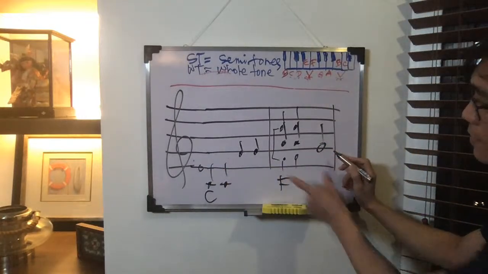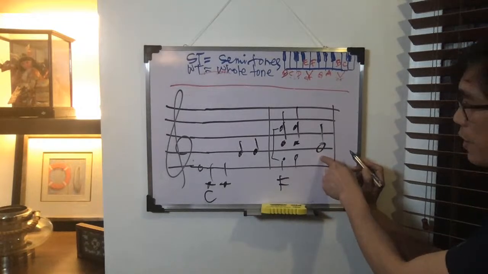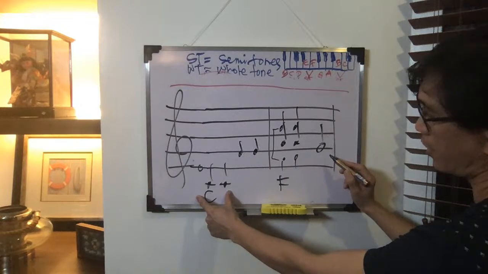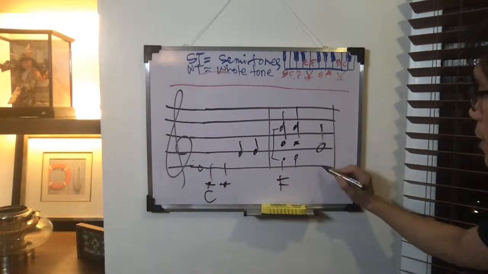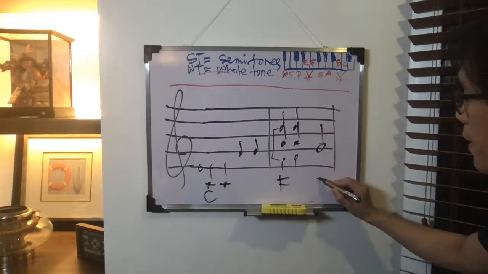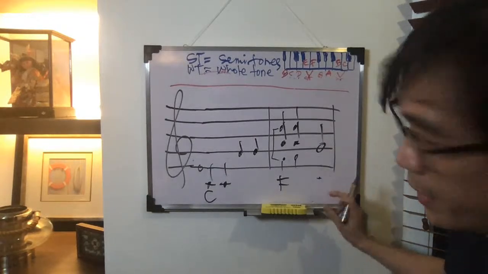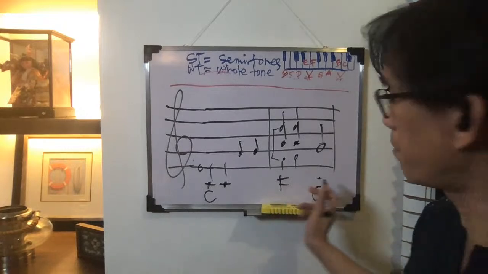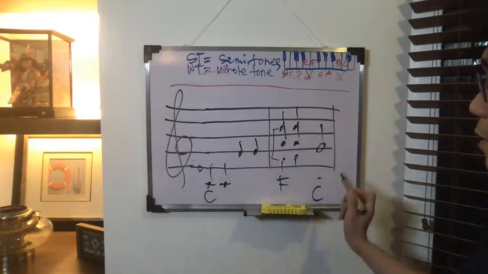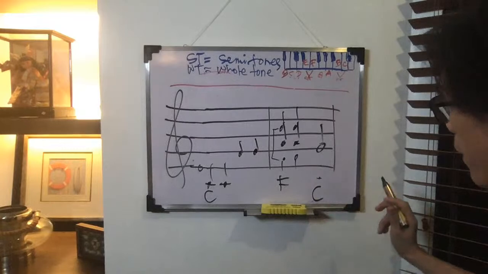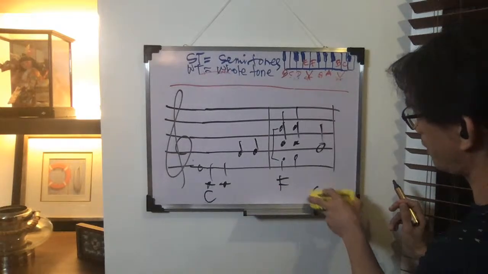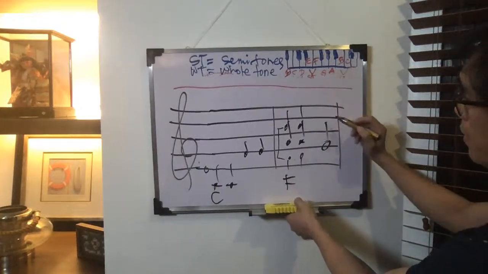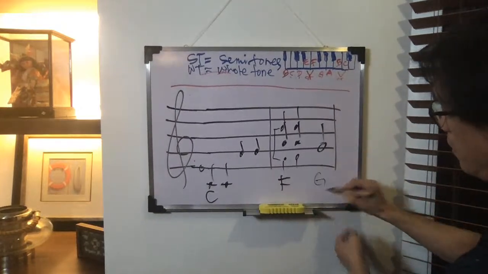And then here, since F does not have a G, then it must be part of a C major chord. So what's missing here and there? So in arranging, you can just supply those chords to accompany your twinkles. Or if you want to make it more complex, then perhaps you might want to use G instead.